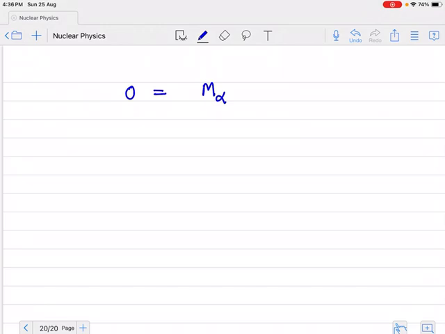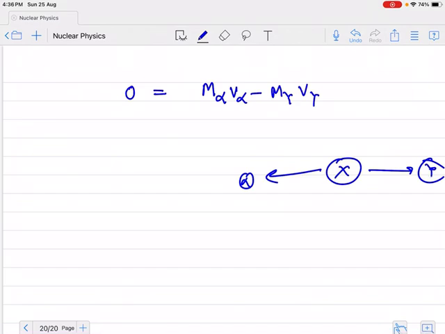So it is m alpha v alpha minus m y v y, because the X particle disintegrates into the alpha and the Y. So from the conservation of momentum we write it this way, and Q alpha is the kinetic energy of the alpha particle plus the kinetic energy of the Y particle.